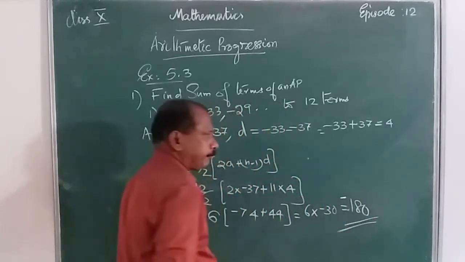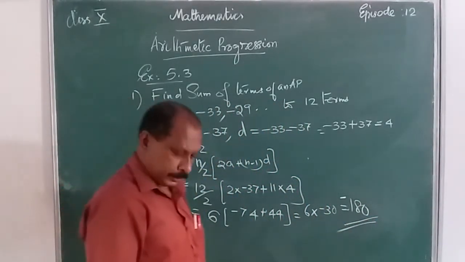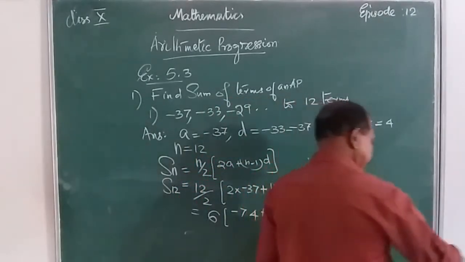Therefore the sum of the first 12 terms is -180.